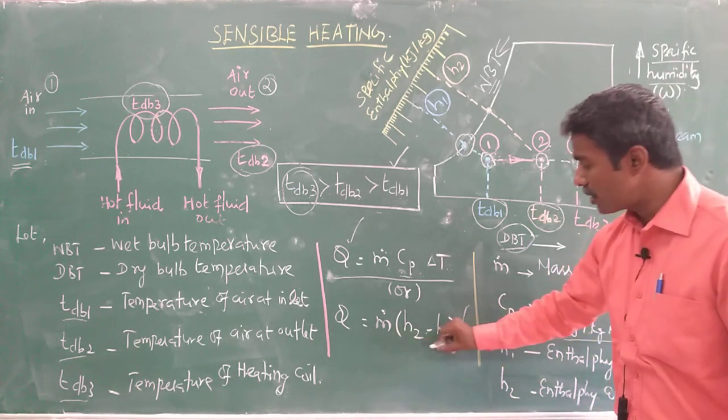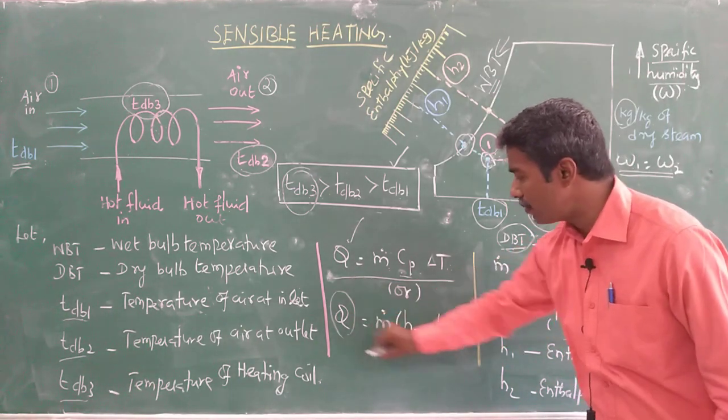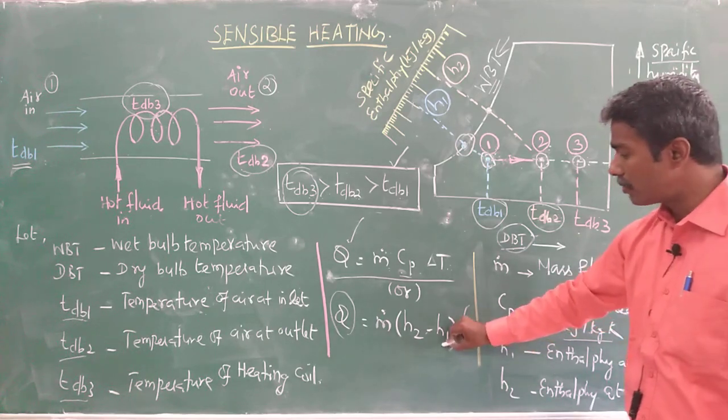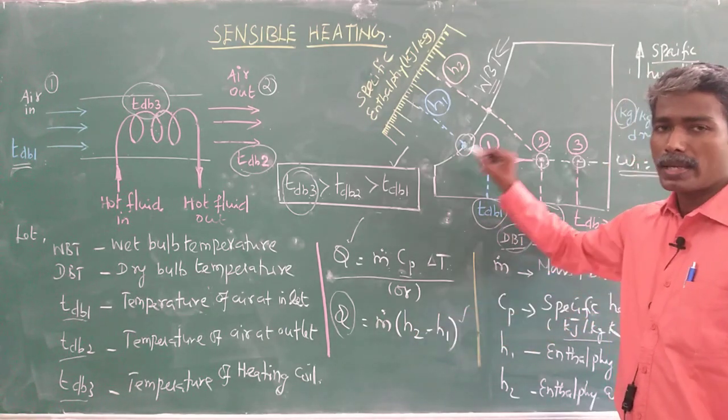If we want to calculate the heat added with the help of enthalpy values, we need to read H1 and H2 from the psychrometric chart.